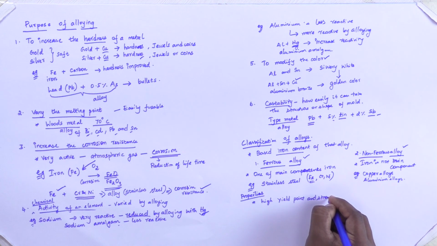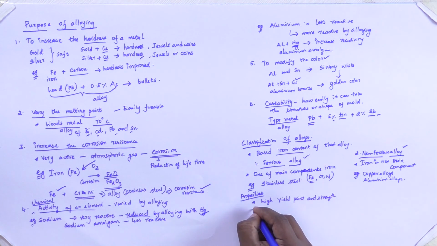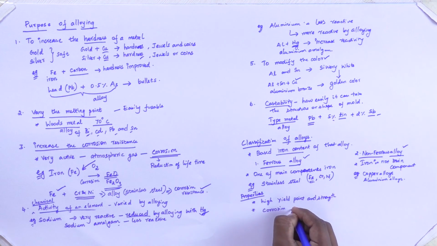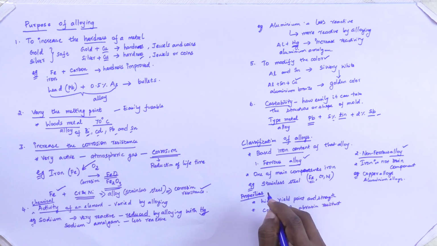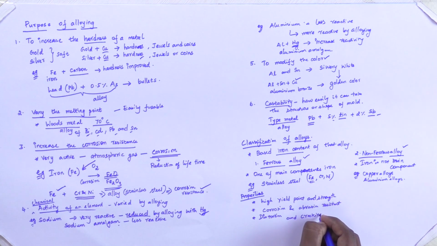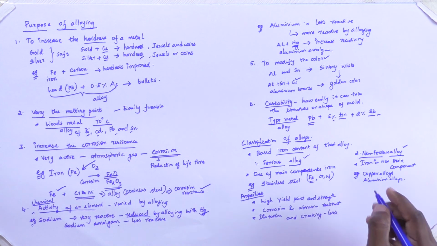So these are common properties in ferrous alloys, and they are usually corrosion and abrasion resistant compounds. The other important property is that distortion and cracking are less in ferrous alloys.